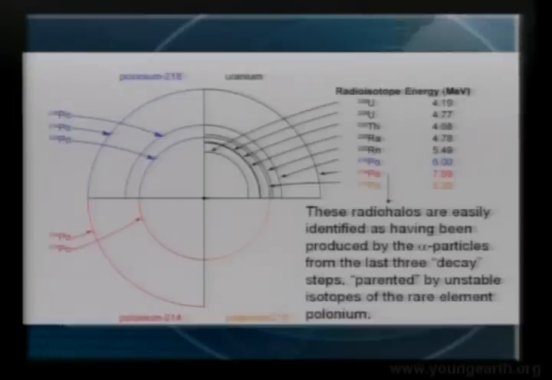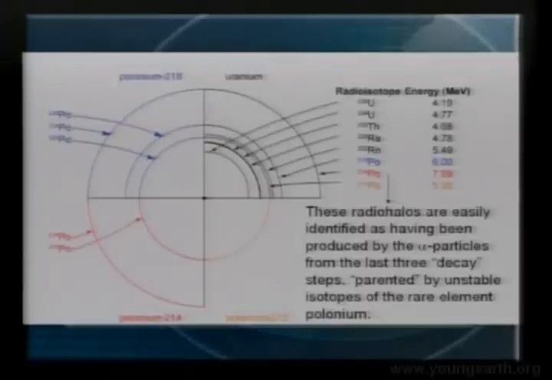Well, if you had polonium-214 in the centre, it would decay to 210 and produce the 214 ring, and then the 210 would decay and produce the 210 ring. I see a few heads nodding, so that means at least a few of you are following what I'm saying. And if you've got three rings, the 218 would have to have been in the centre to decay to 214 to decay to 210 to produce the other two rings, to get all three rings. So you follow what I'm saying?